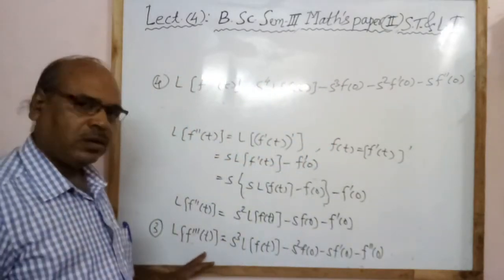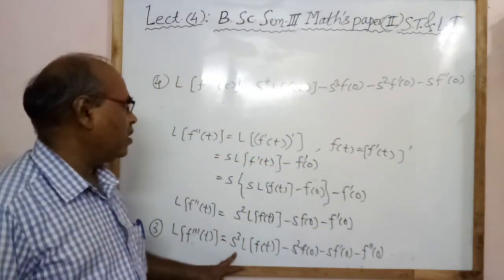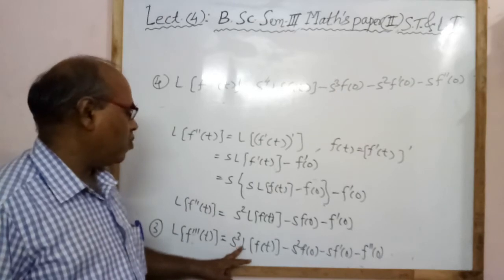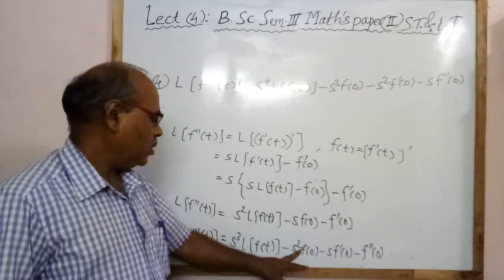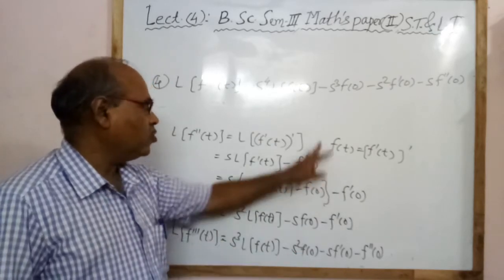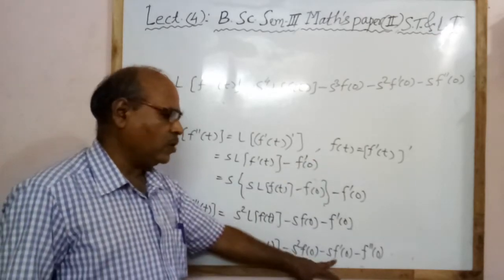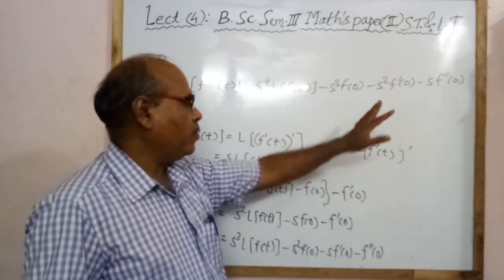That is, this formula of the third derivative, we multiplied by s. Therefore s to the power 4 into Laplace of f of t minus s cube into f of 0 minus s square into f dash of 0 minus s into f double dash of 0.